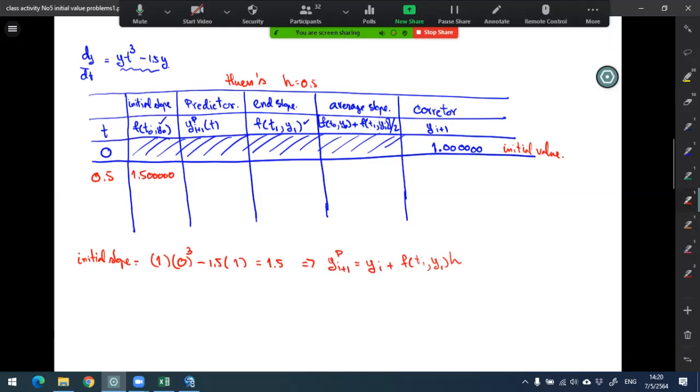Okay, so for this case, yi is equal to 1, right? Plus f(ti, yi), we already done. This is equal to 1.5, multiplied by h equal to 0.5. So what is it? Oh, sorry. It should be negative.